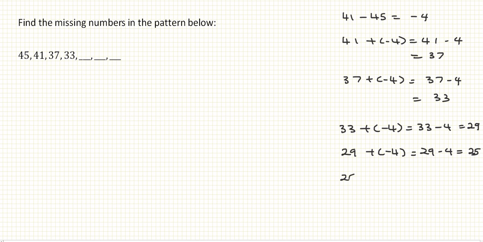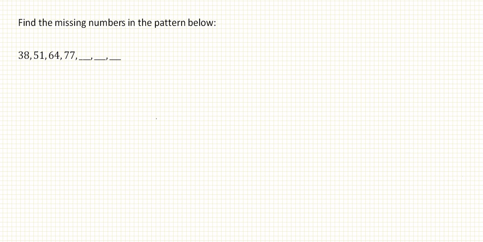And then 25 plus negative 4 is going to give us 25 minus 4, which is 21. So our missing values are 29, 25, and 21. Now let's look at our final example.